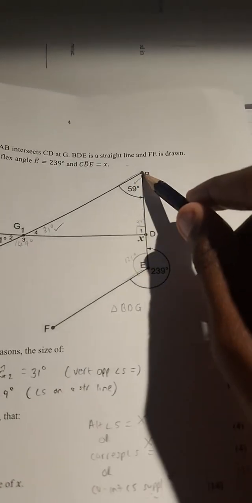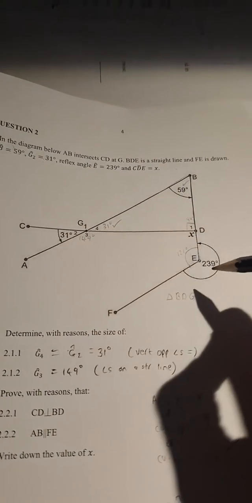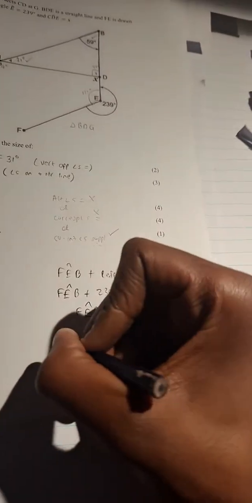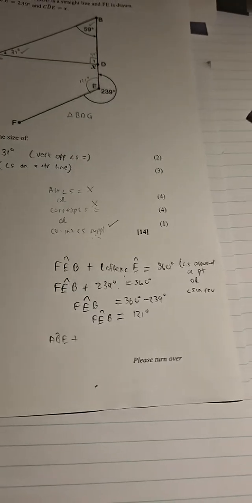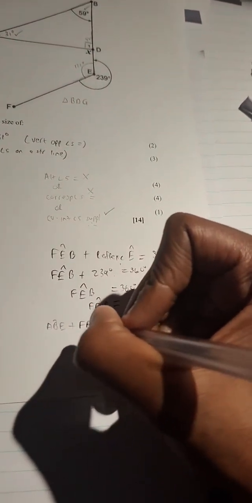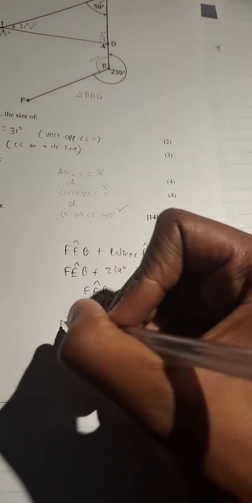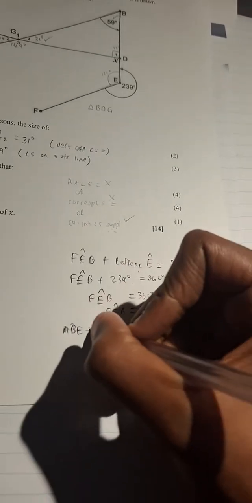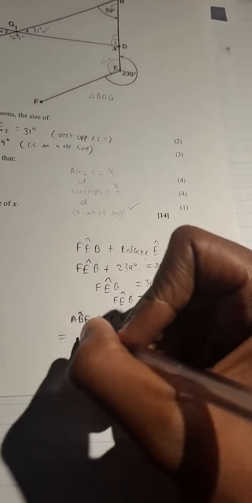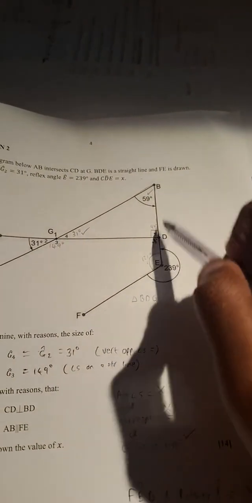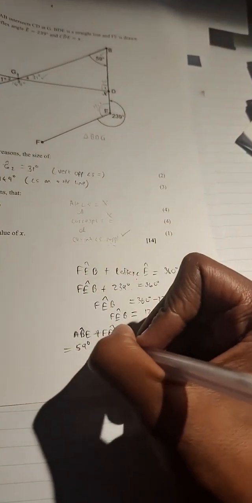Now, let's check. I want to verify now. Angle ABE plus angle FEB. What does it actually give me? ABE is 59 degrees, that angle, plus FEB, 121 degrees.